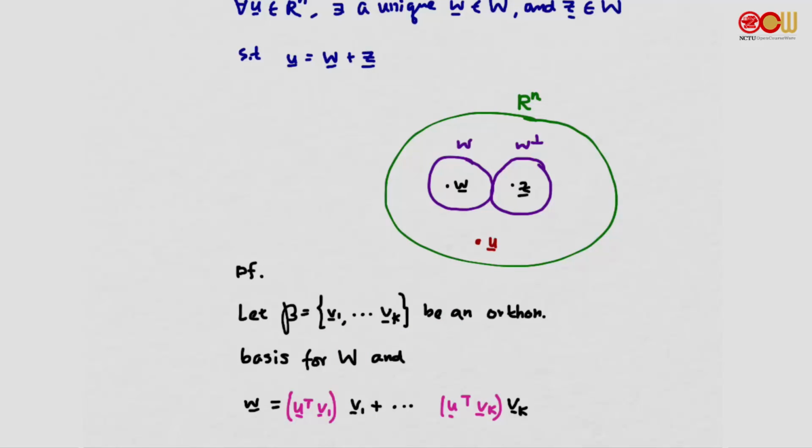Suppose we have an orthonormal basis for W, v1 to vk, and w is given by this vector. w is a linear combination of the v1 to vk vectors because w is a vector in W. The coefficient of v1 is the dot product of u and v1, for the second it is u and v2, and the last one is u and vk.